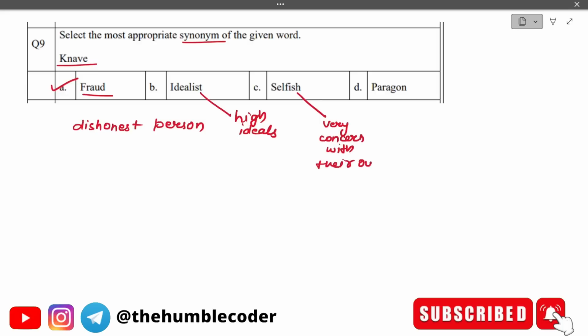Okay, and what is paragon? So paragon means a model of excellence, basically someone who is a model of excellence. Okay, so for that we use the word paragon, but in this case the correct answer was fraud, because the meaning of the word knave is what? A dishonest person. So the correct answer is option number A, which is fraud.